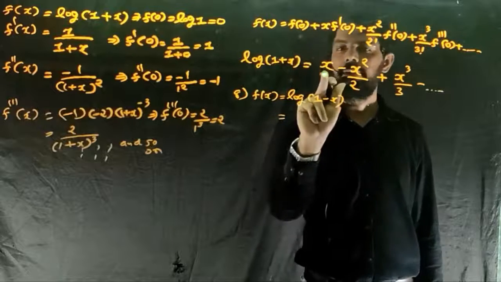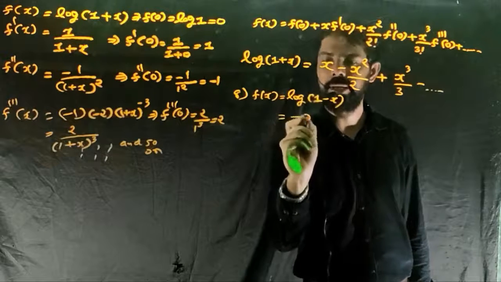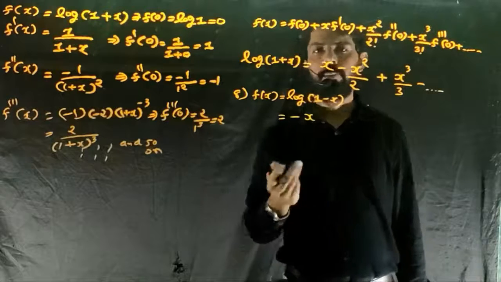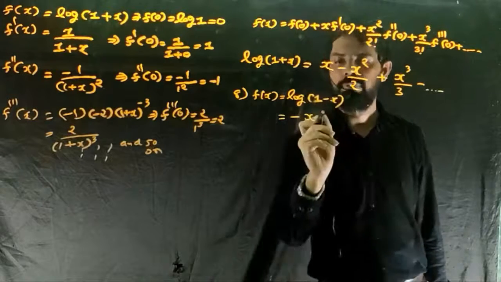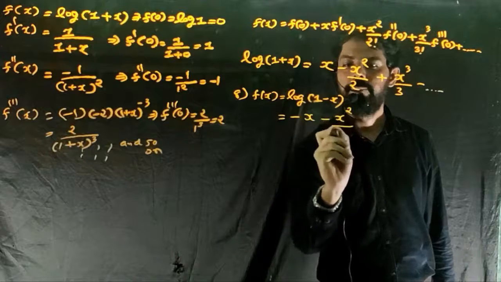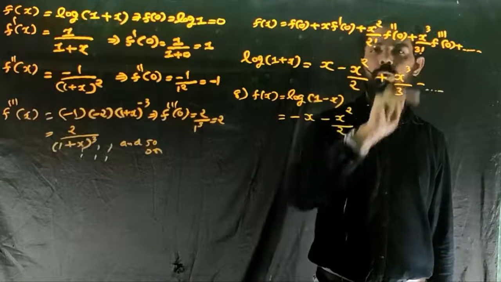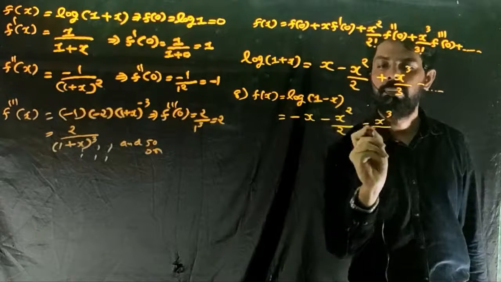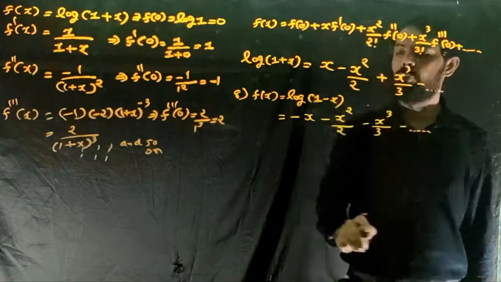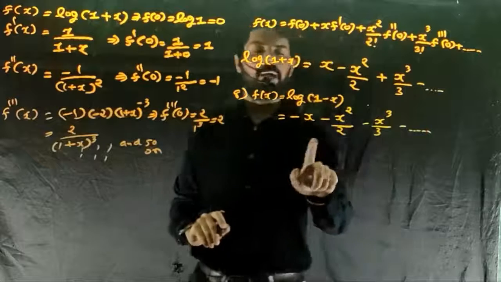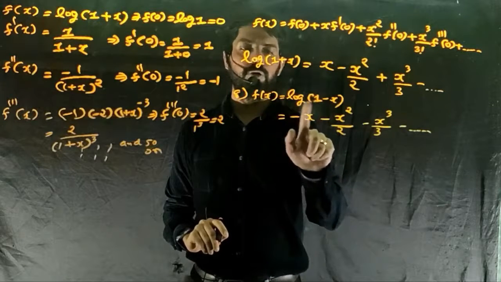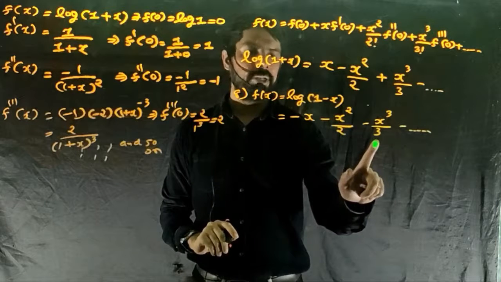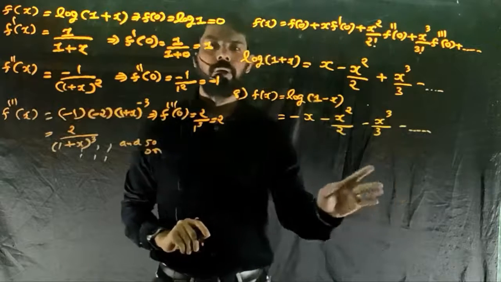So here it will be minus x, and here minus x whole square will be positive, but here it is minus sign, so it will be negative, minus x square by 2, and here minus x whole cube, which is negative, so it will be minus x cube by 3 minus so on. So this is Maclaurin series for function log 1 minus x, which is minus x minus x square by 2 minus x cube by 3 minus so on.